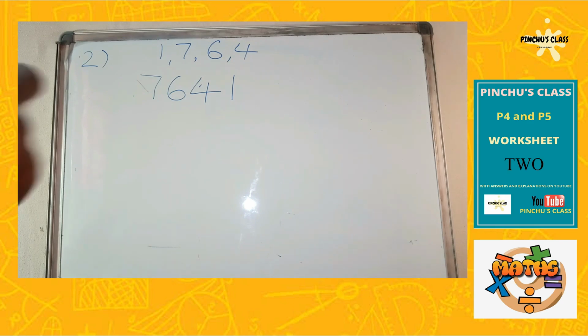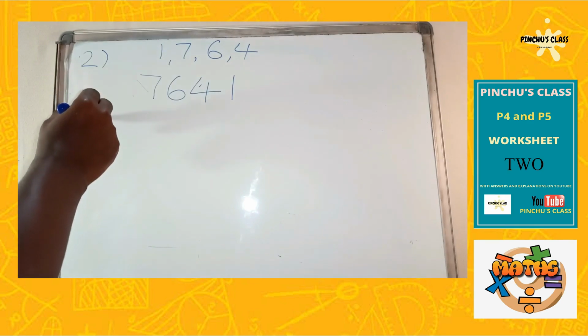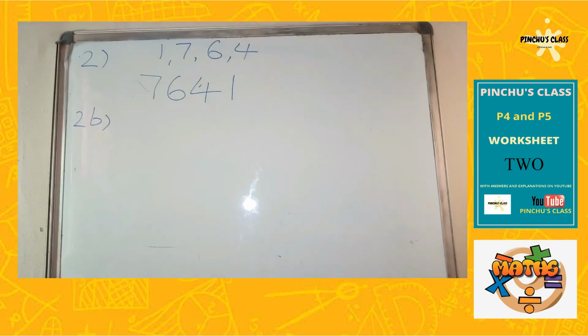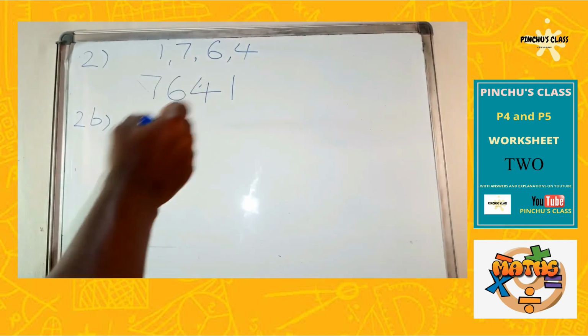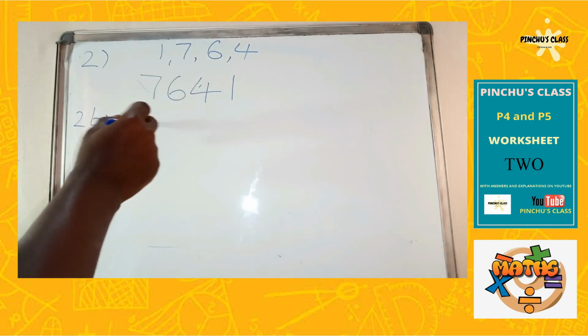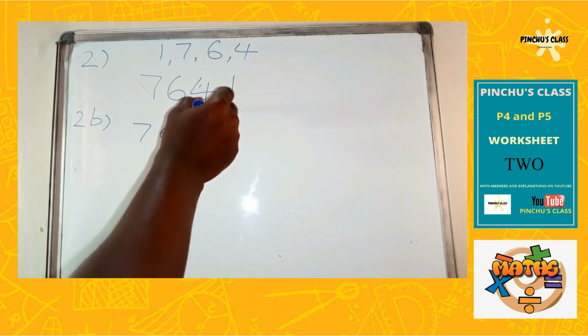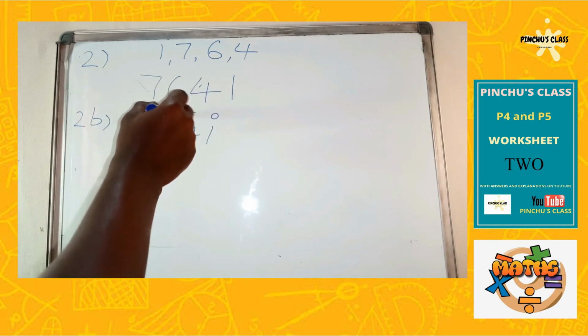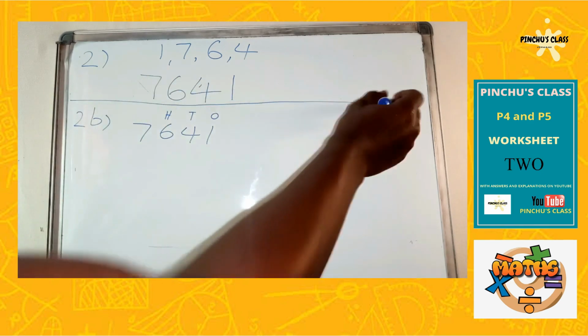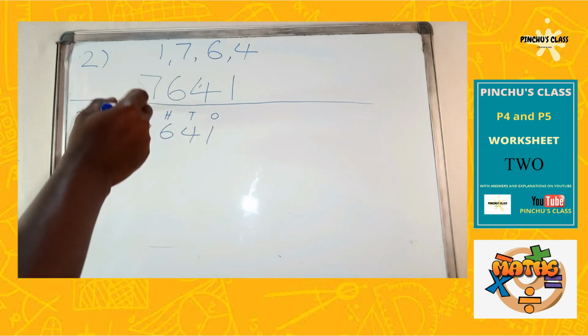Now part 2B, they have told us to write the number formed in words. So remember, if you want to write correct words, you have to always indicate the place values: ones, tens, hundreds, and then thousands.